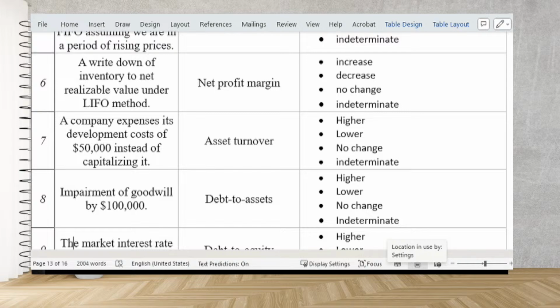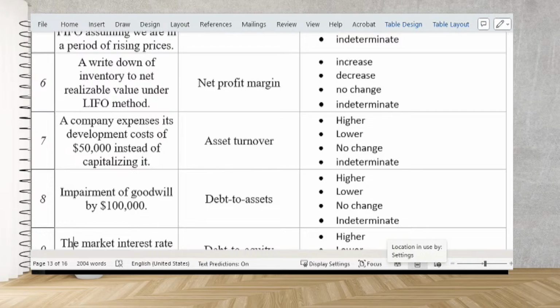Sir, asset turnover. A company expenses its development cost of 30,000 instead of capitalizing it.